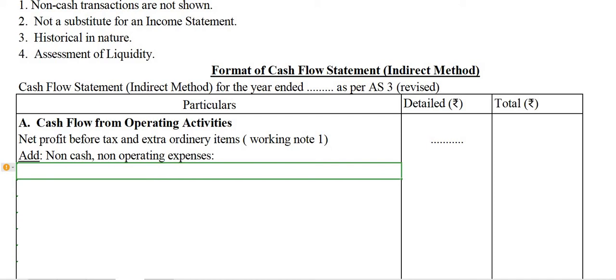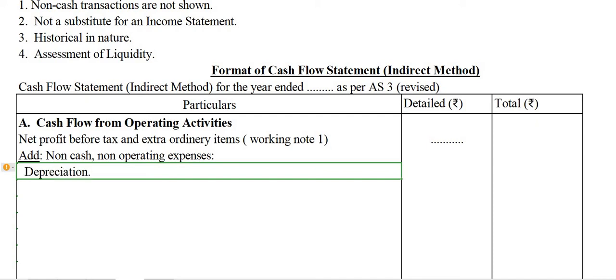Instead of directly adding cash incomes or cash inflow and outflow, we are taking it indirectly. That means from the profit, all the non-cash items will be added back. So indirectly we will find out the cash flow. That is the specialty of the method.